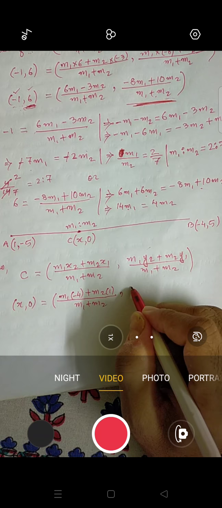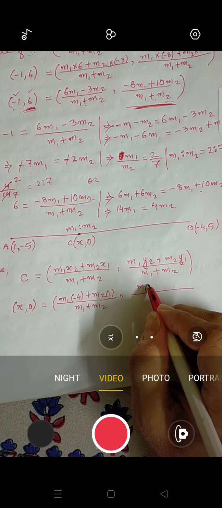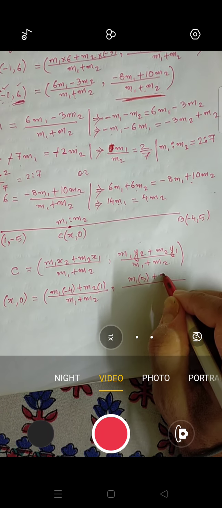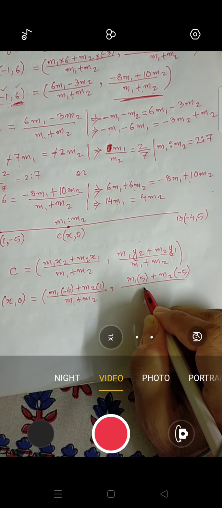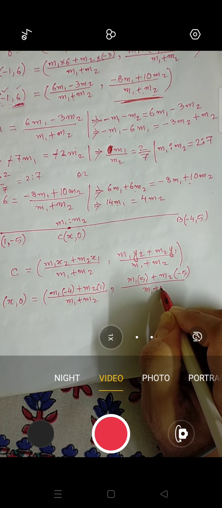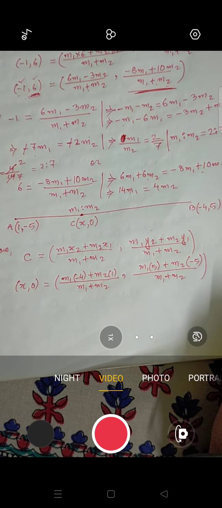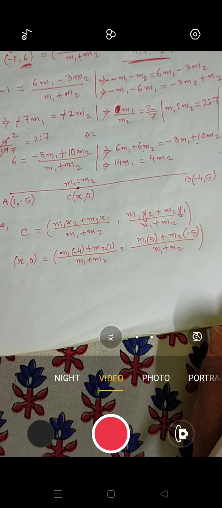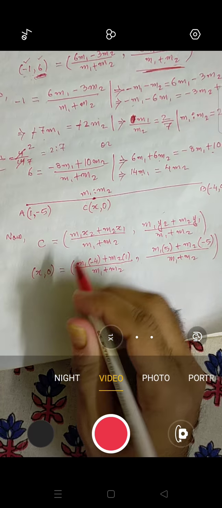Now again m1, y2 is 5. So we'll be writing 5 plus m2, comma, minus 5. Correct? You have to substitute the values correctly. If you substitute wrong, you will get the wrong answer. So you have to be very careful while substituting the values. So we got this one.